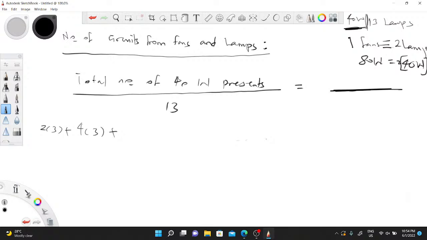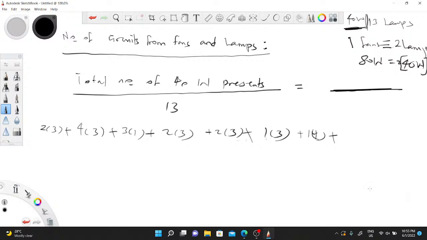I got 3 lamps. There's 1 common hall. 3 times 1, plus, now we go to the recommended wattage. Bedroom, I got 2. There are 3 bedrooms, so that's 2 times 3. Kitchen, I got 2, and there are 3 kitchens. Store, I had 1. There are 3 stores. Passage, I had 4. There's just 1 passage.